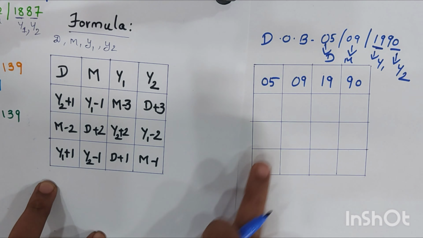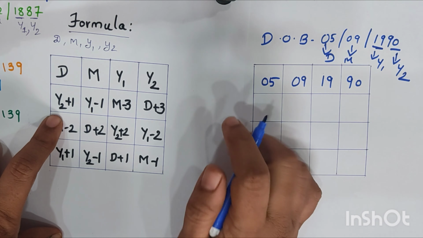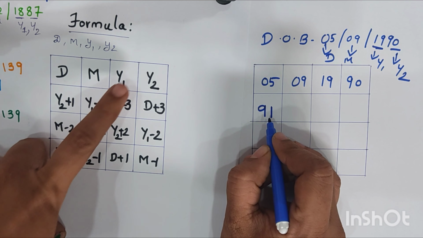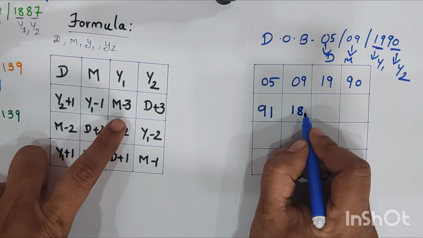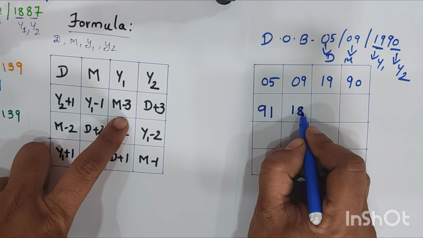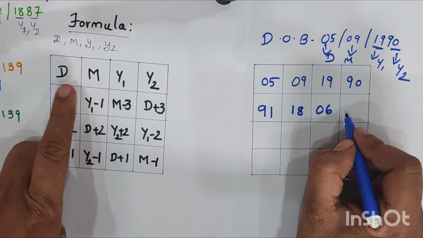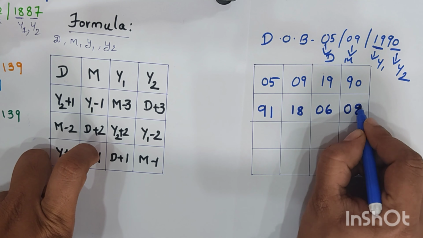Then in the second column, the first box is y2 plus 1, here y2 is 99 plus 1, that is 100. Wait, following the video: y2 is 90 plus 1, 91, and the second box is y1 minus 1, so 19 minus 1 is 18, and m minus 3, that is 9 minus 3 is 6, and date plus 3, so 8.